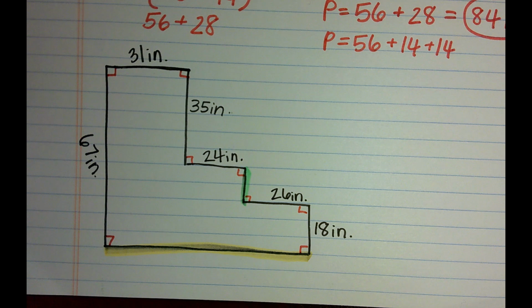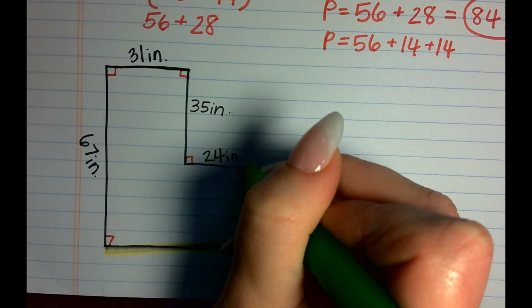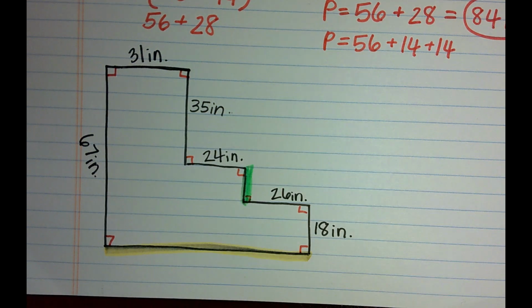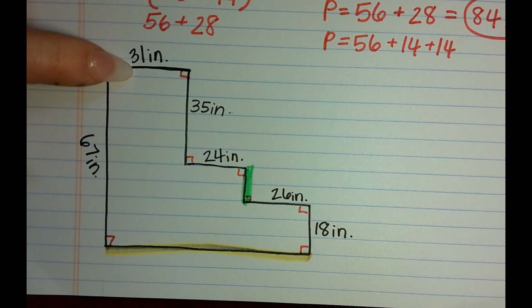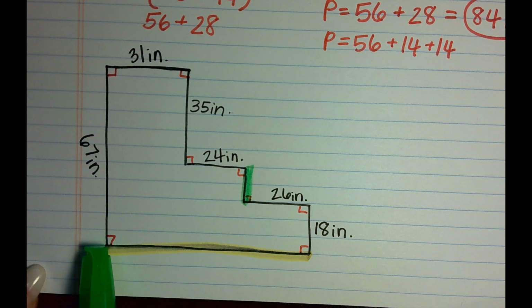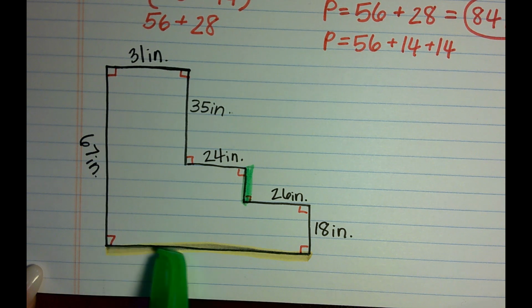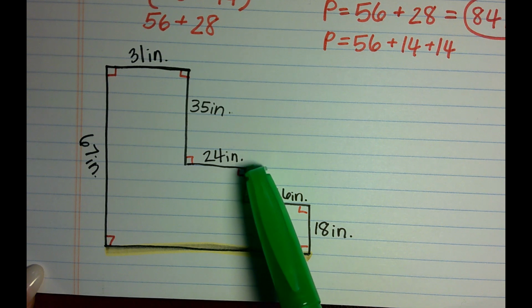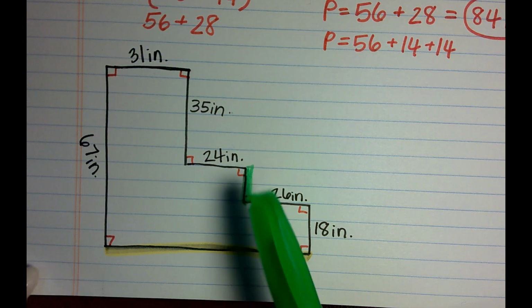Okay, I got a question for you on this one. Since we already have the 31 inches, we're just solving for the other half down there, or solving for this side length. You want the entire side length? Yes. And then we're solving for this side length.